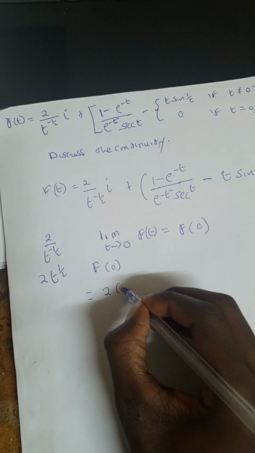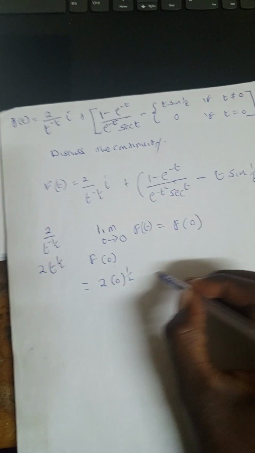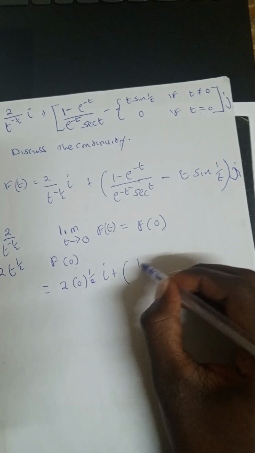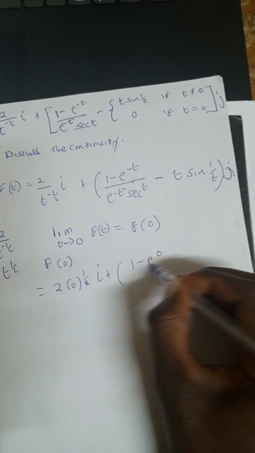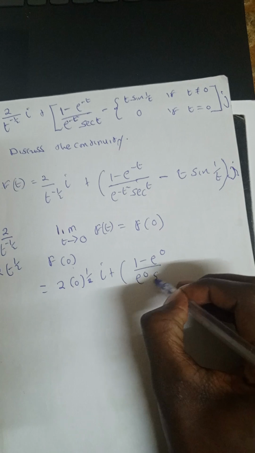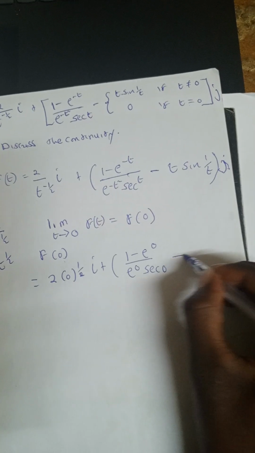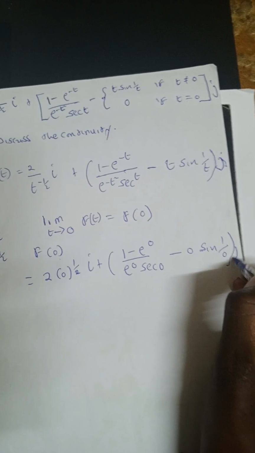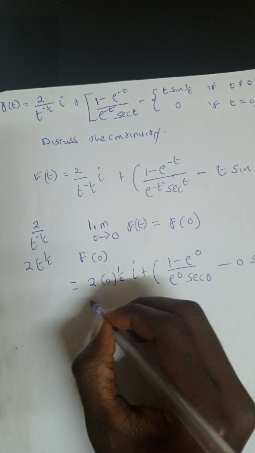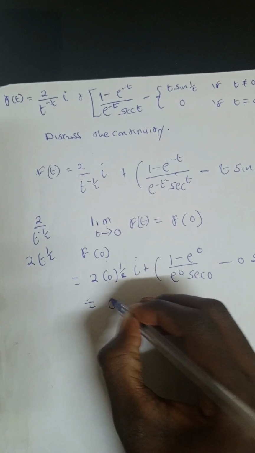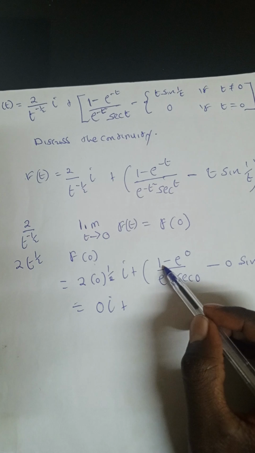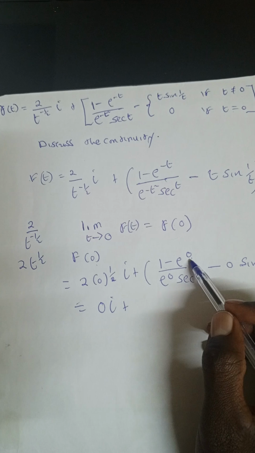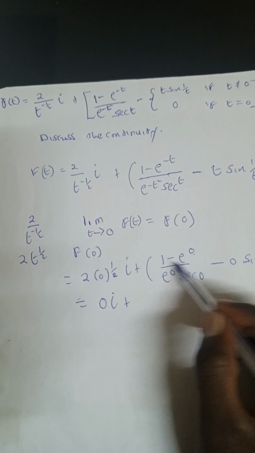So 2 times 0, where there is t, ti, so this is i, plus, when I substitute, 1 minus e^0 over e^0 sec 0. For the first part, this whole term will be just 0i. Now, for the exponent 0, any number raised to the power 0 is 1. So it will be 1 minus 1, which is 0 on top.